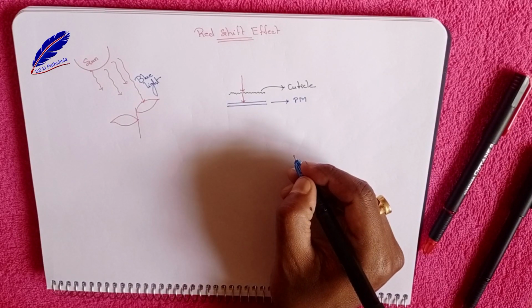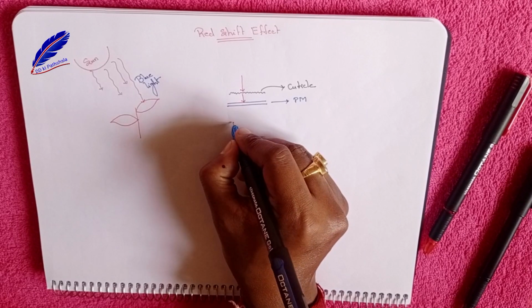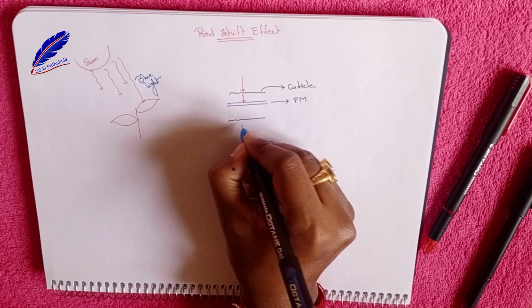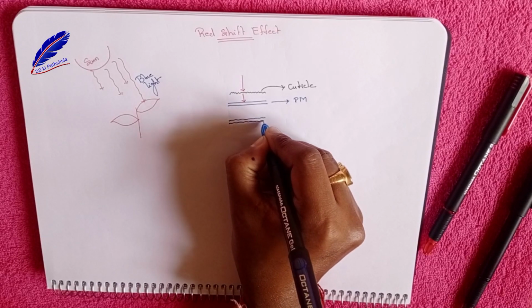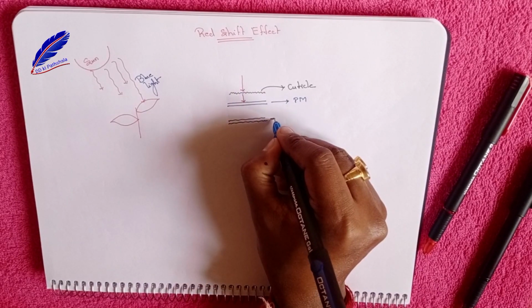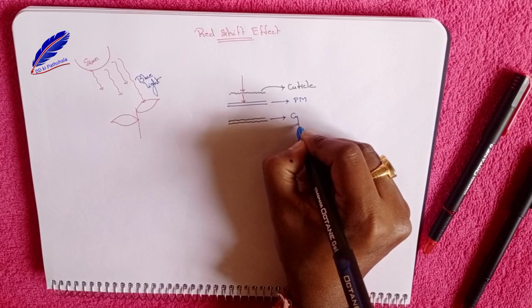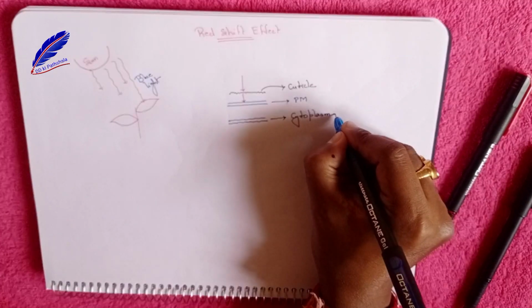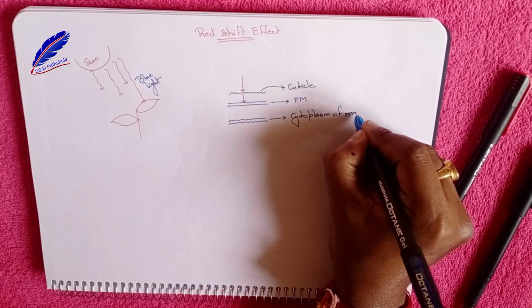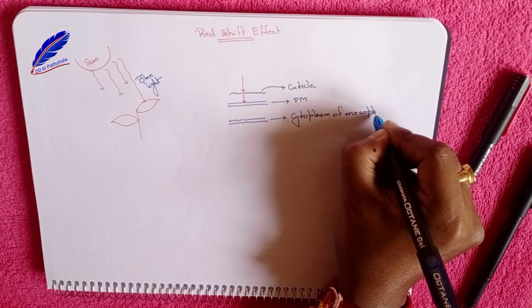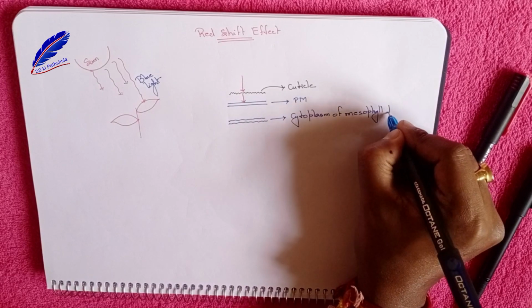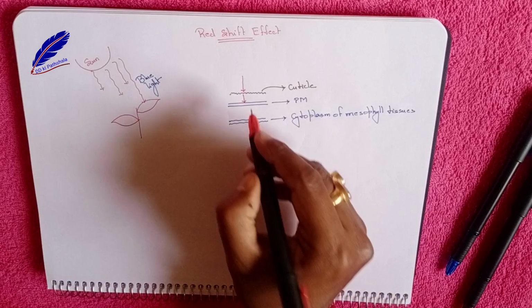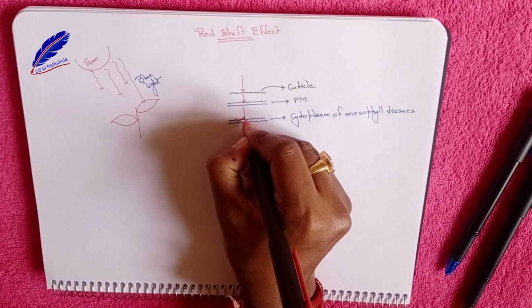After entering the plasma membrane, it is entering into the mesophyll cells, inside the cytoplasm of mesophyll tissues. So it is entering the cytoplasm.